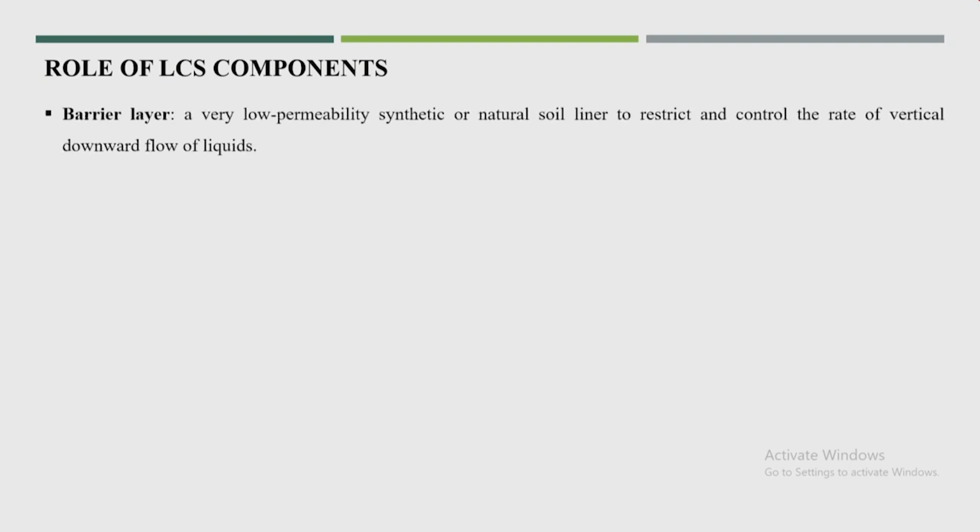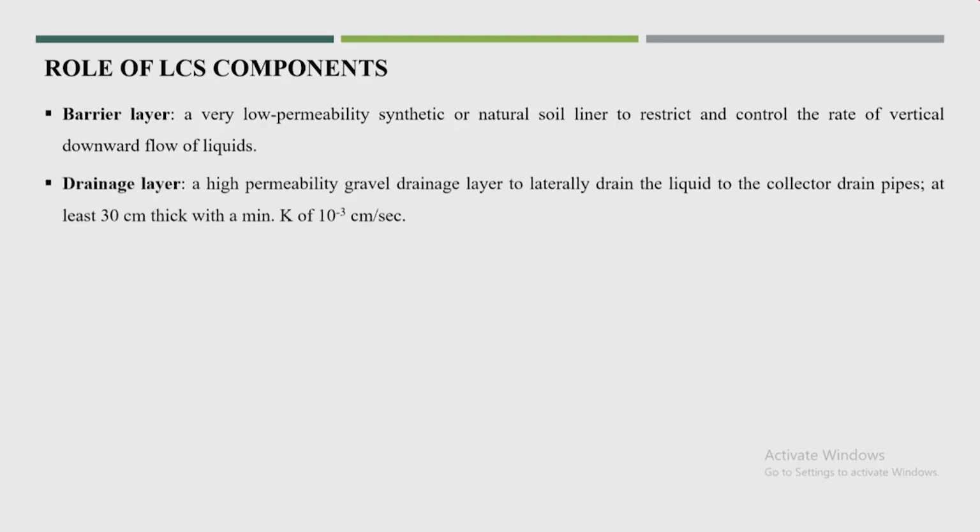So, what is the role of the leachate collection system components? The barrier layer: a very low permeable synthetic or natural soil liner to restrict and control the rate of vertical downward flow of liquid. Drainage layer: a high permeable gravel drainage layer to laterally drain the liquid to the collection drain pipe, at least 30 centimeter thick with a minimum permeability of 10 to the power minus 3 centimeter per second.